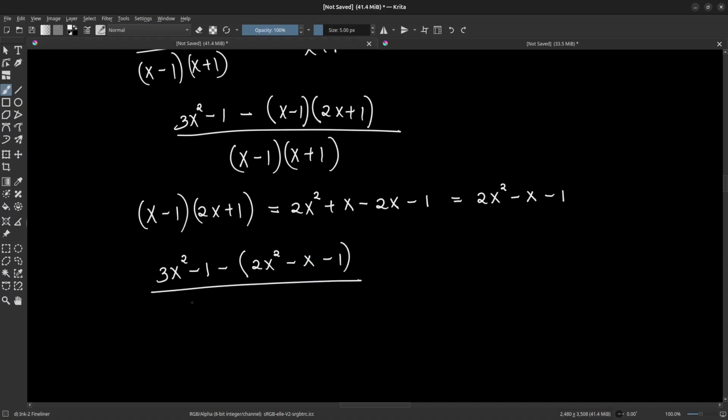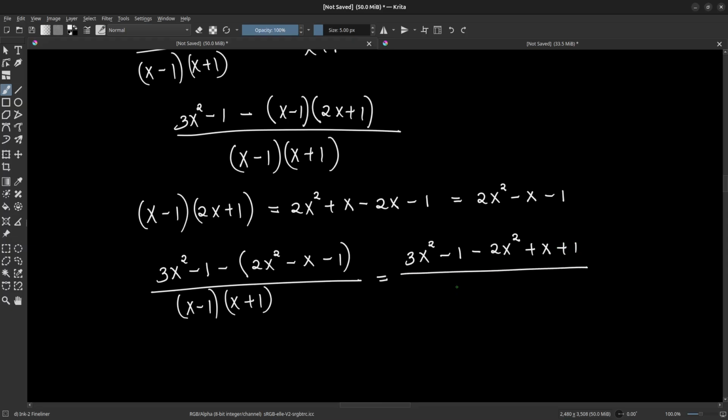And this is all over (x minus 1)(x plus 1). When you expand the numerator, we get 3x squared minus 1, and then minus 2x squared, and then minus minus x, that's plus x, and then minus minus 1, that's plus 1.